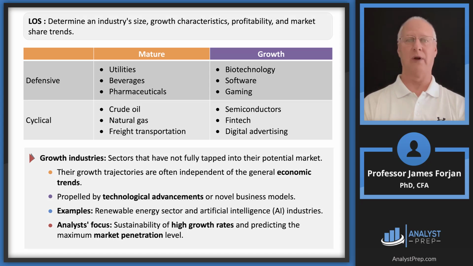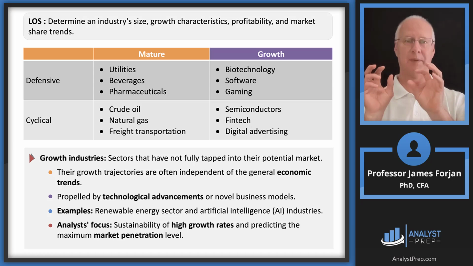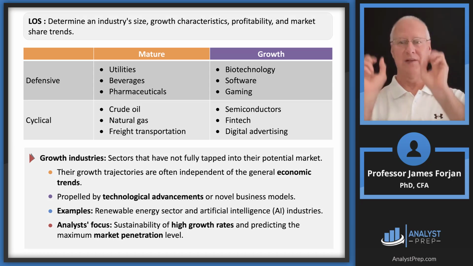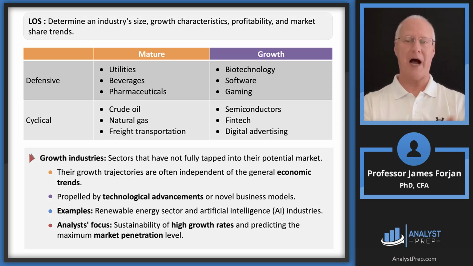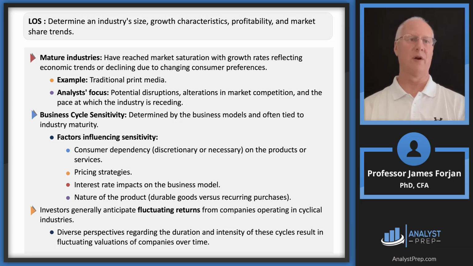And these are kind of general answers to how do you put a particular company inside of one of these boxes. And so look down at the bottom: economic trends, technological advancements, sustainability of high growth rates. That's one of my favorite words out there. Market penetration level, and really what is the market?